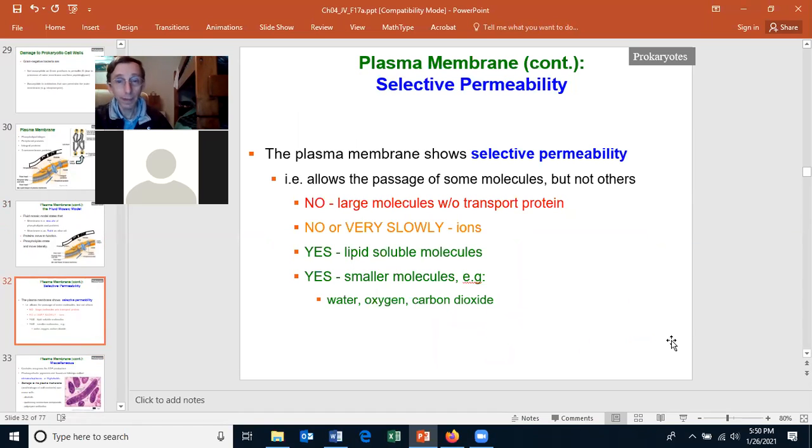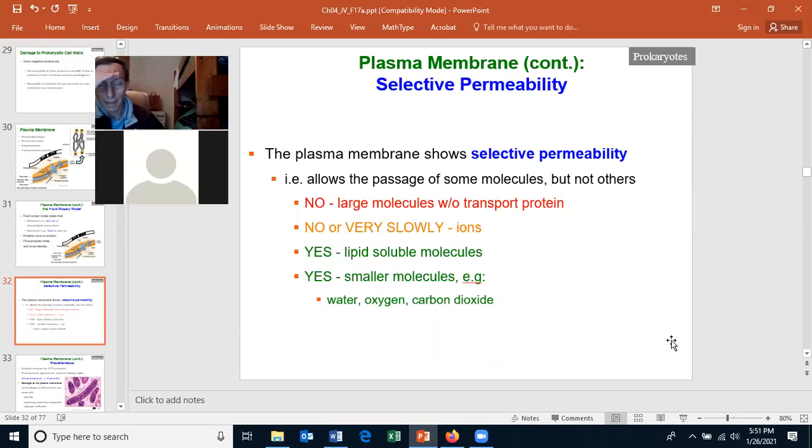The plasma membrane shows selective permeability. That means it allows the passage of some molecules, but does not allow the passage of other molecules. No large molecules can come across the cell membrane unless they have a transport protein that will bring them into the cell.